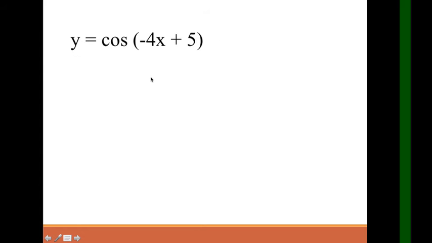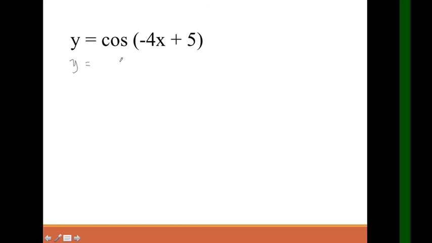Let's have another example. So for the next example, we have y equals cosine quantity negative 4x plus 5. So for this one, we will just need to get the derivative. Okay, wait, let's just use my pen. We will use, I think, product rule here. So we have y equals cosine.